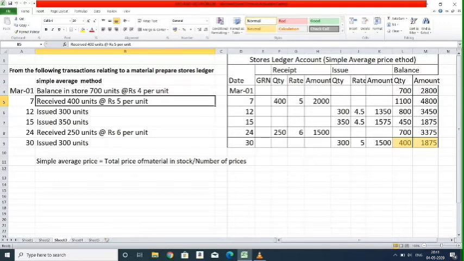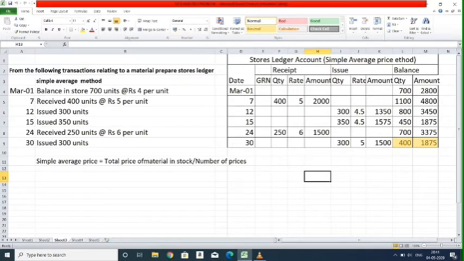For the 700, the price is 4 per unit. For the 400, the price per unit is 5. So the issue rate is 4 plus 5 divided by 2, that is equal to 4.5. So we issue 300 units at the rate of 4.5.